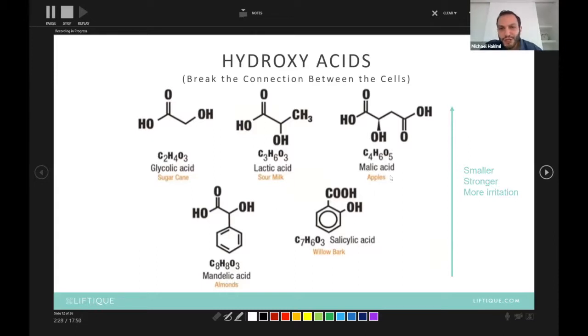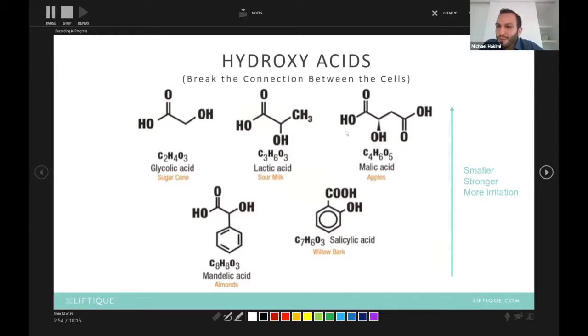Something else that you can notice is that malic acid has a lot of what we call hydroxy groups. This hydroxy group absorbs water. So products that contain malic acid not only thin out the outer layer of your skin and get rid of the old skin, but they also absorb water.